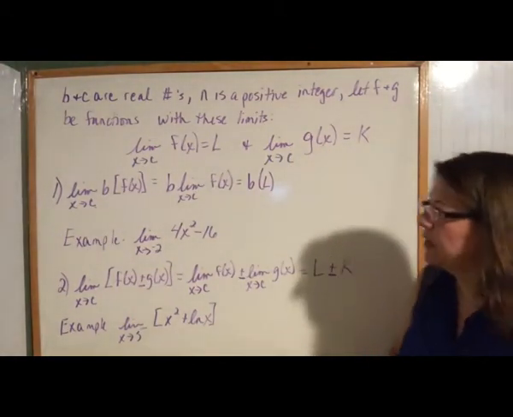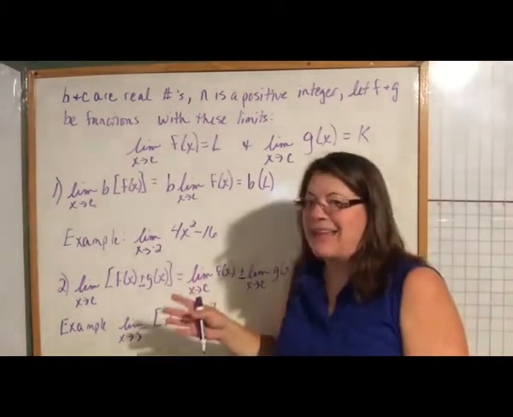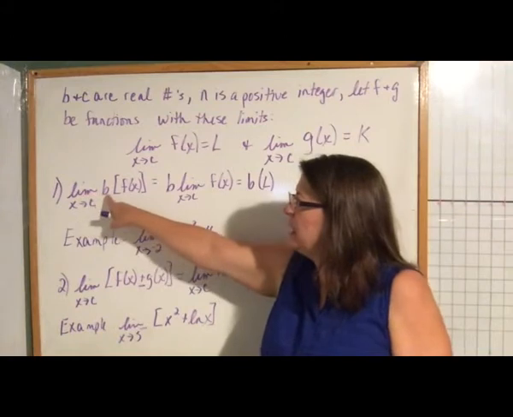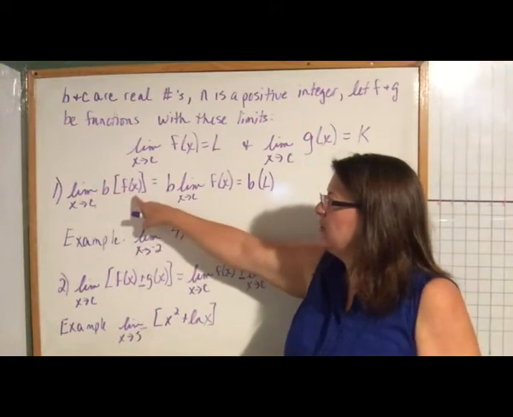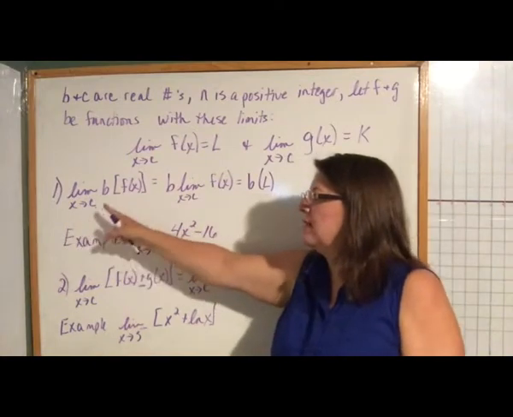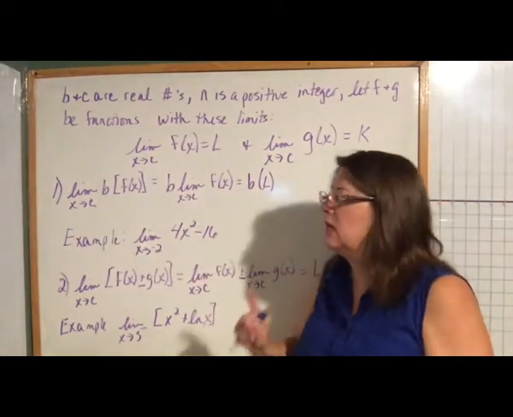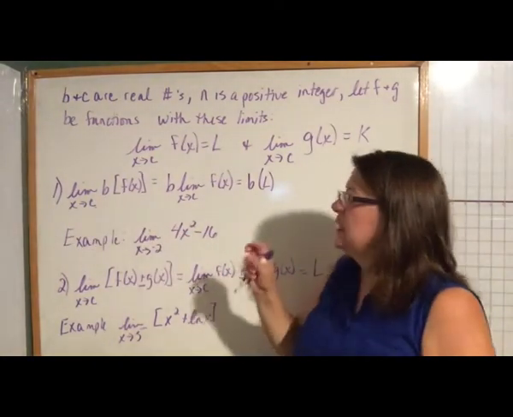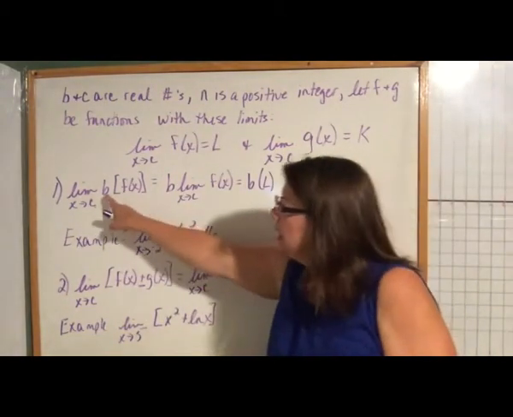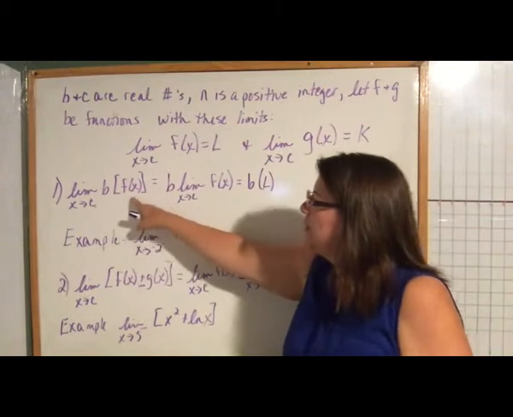And our first property is kind of scalar multiplication. The limit of b times the function f of x as x approaches c. Now, we could direct substitute the c in, but you need to understand that when you do that, this is the property that will happen. That b has been multiplied by the entire function.